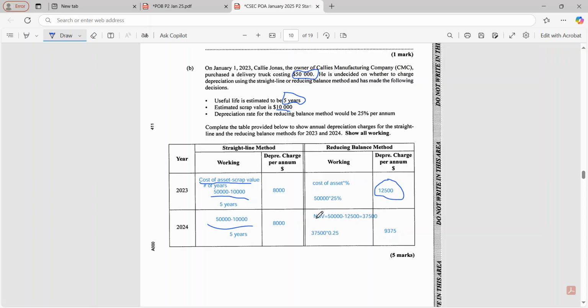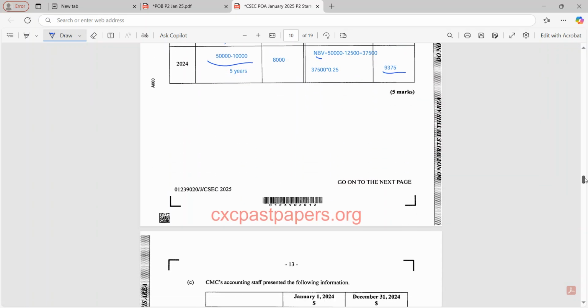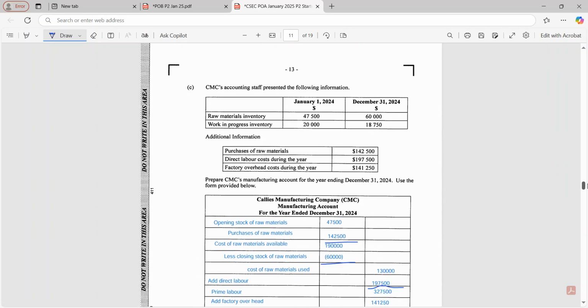And that will give us what we know as the net book value. So it is 50,000 minus 12,500, which will give us 37,500. Now that we get the 37,500, we multiply it by the rate, which is 25%, and that gives us $9,374. We don't focus on the scrap value in this case. CMC's accounting staff presented the following information.